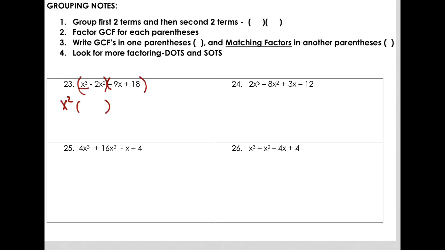You're going to divide by x squared, divide by x squared. x cubed divided by x squared is x, and then negative 2 divided by the invisible 1 in front of that x squared is negative 2. And then x squared divided by x squared, these will cancel out, so your x is gone.